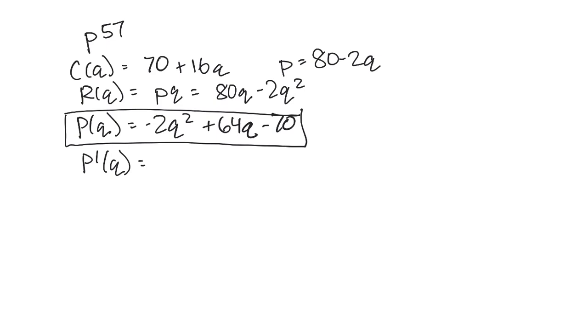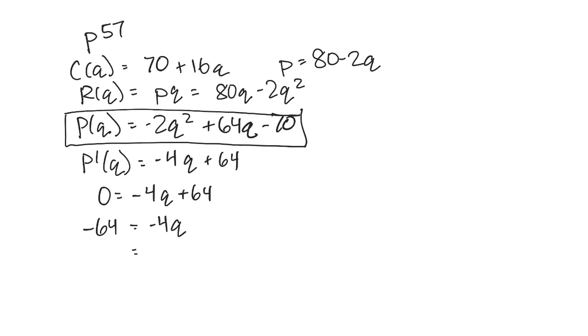It's kind of trying to put a bunch of review here in this question. So we get minus 4Q plus 64. We want to set this equal to 0 to find potential critical numbers. So negative 64 equals negative 4Q. So Q is positive 16.